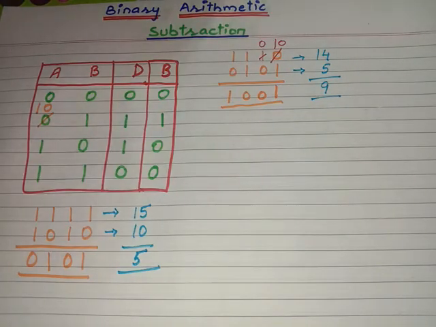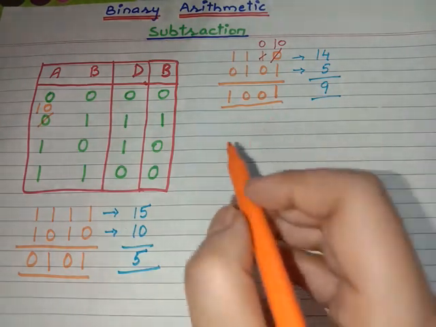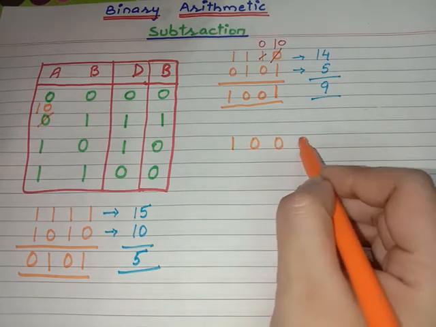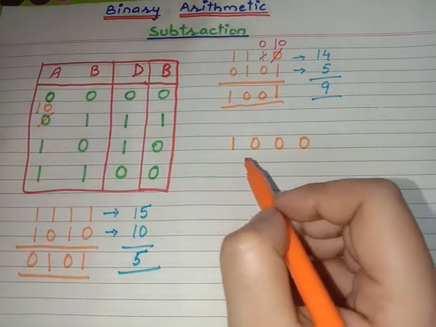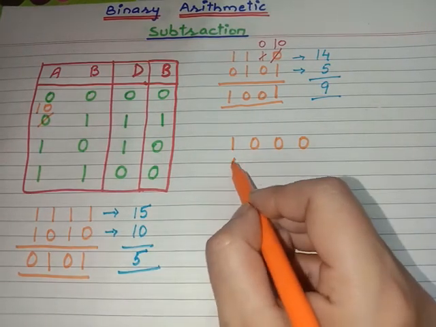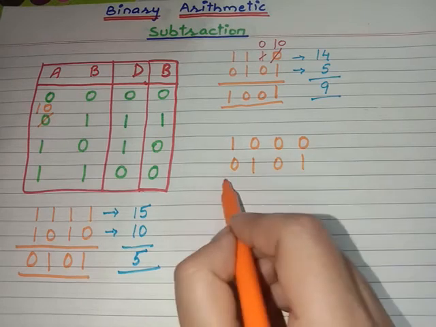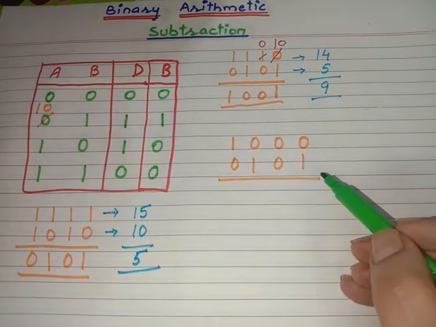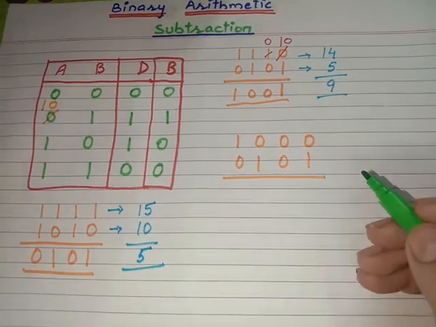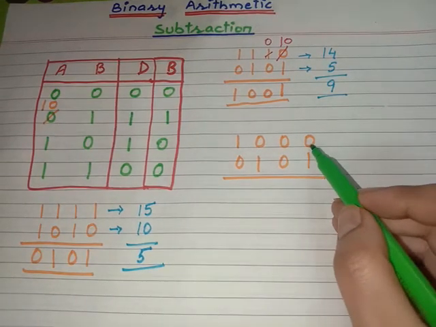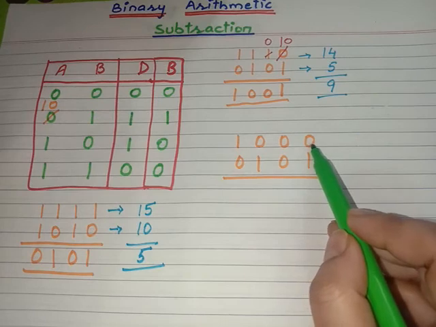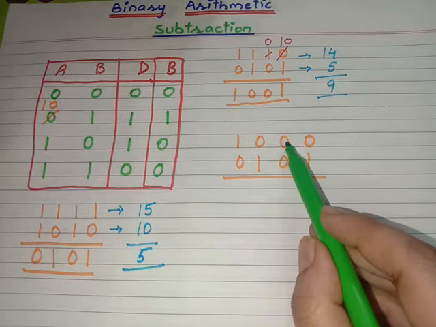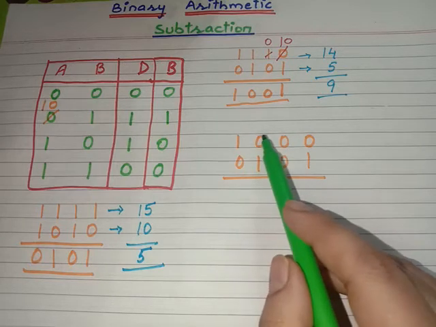One more example I am going to take: 1000, and from this 1000 I have to subtract 0101. Just by taking the borrow we can subtract that. Here it is 0. To subtract this 1, we have to take a borrow from the next bit. But here it is also 0, so this 0 will take the borrow from the next bit.